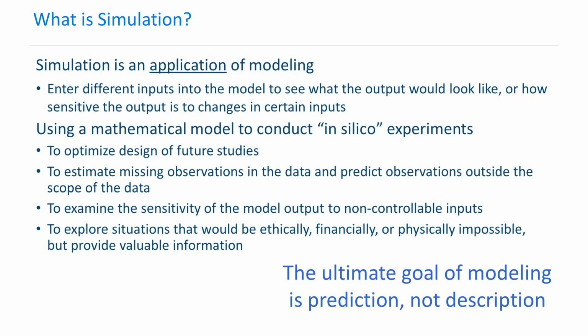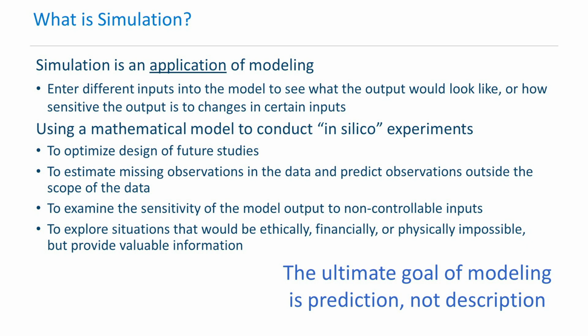We can use simulation to optimize the design of future studies, and actually, we often try to optimize the design of our current studies as well, to estimate missing observations in the data and predicting observations outside of the data, to examine the sensitivity of the model output to non-controllable inputs, because that's very important.